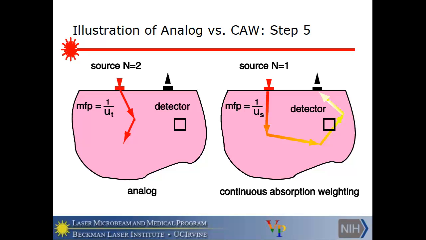In step 5 over here, we have the second photon having made its second step.